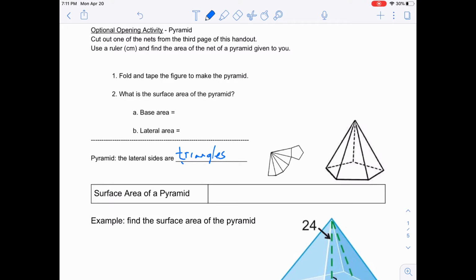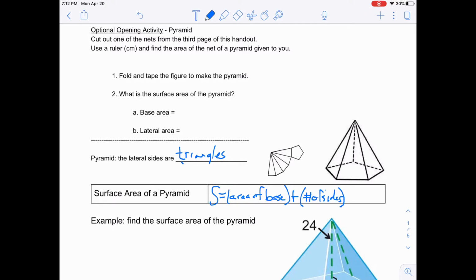So the surface area for a pyramid equals the area of the base, and then you add to that the number of sides on the base, because that determines how many triangles there are.